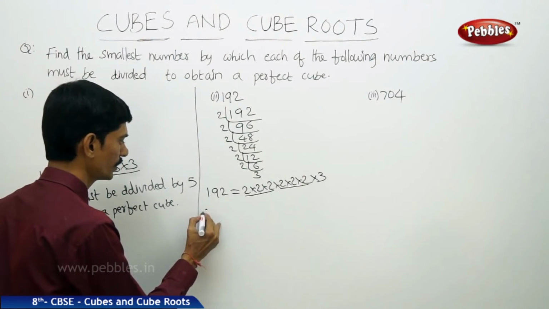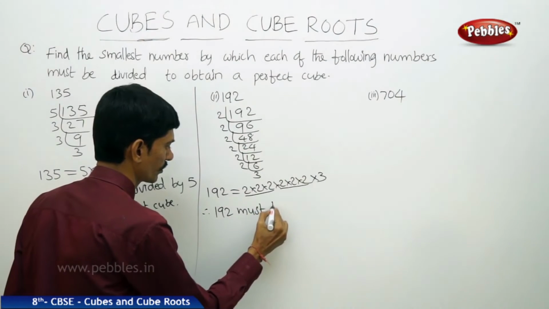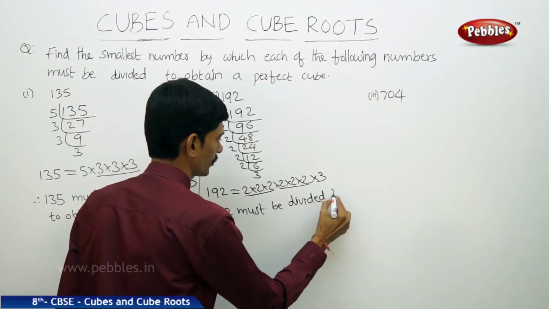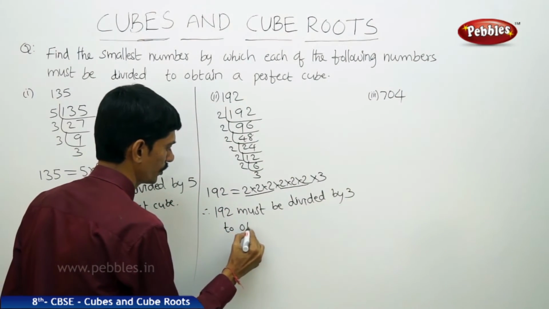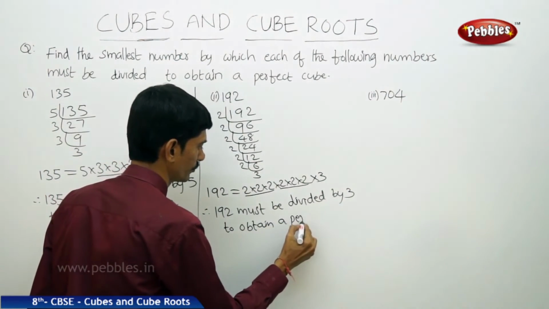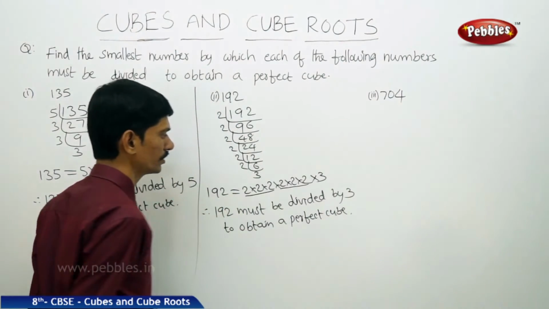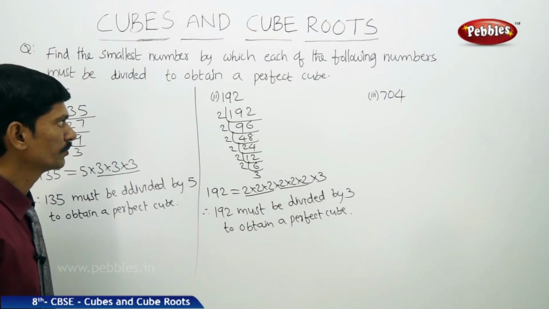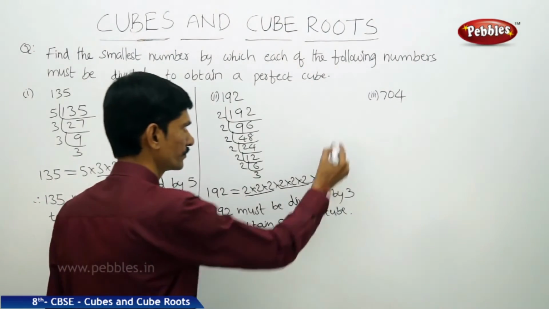Therefore we can write that 192 must be divided by 3 to obtain a perfect cube. Means 3 is the smallest number that 192 should be divided by to obtain a perfect cube.